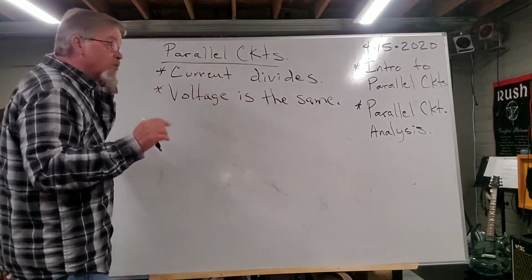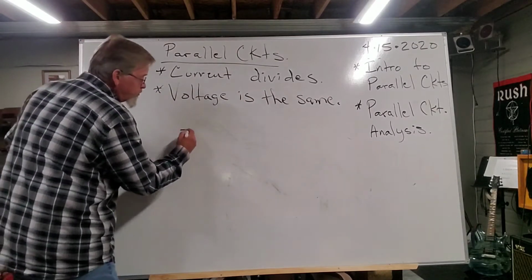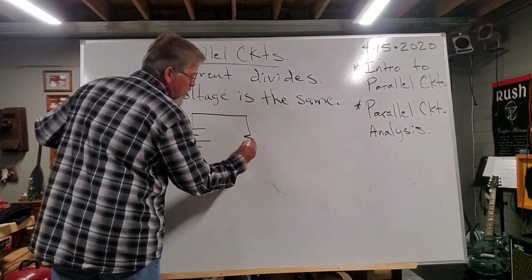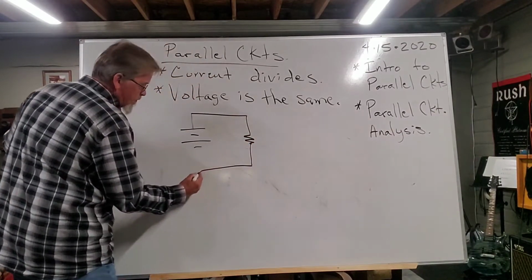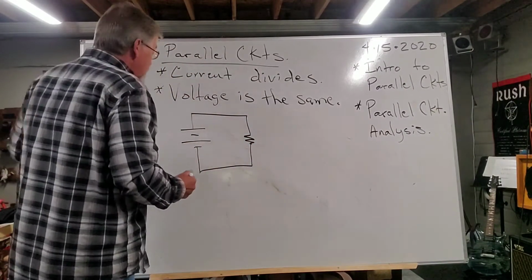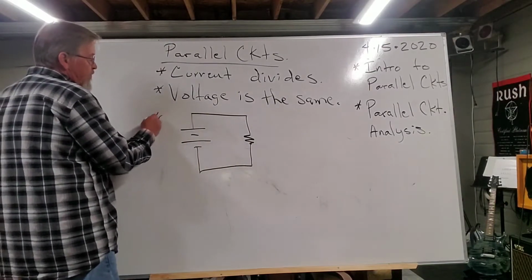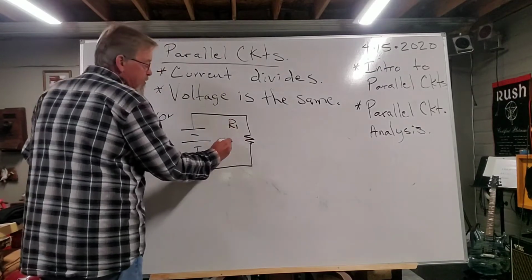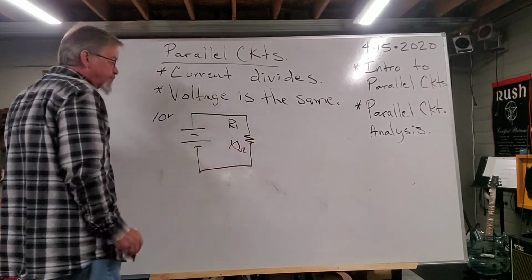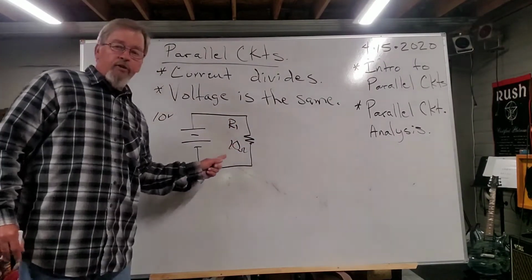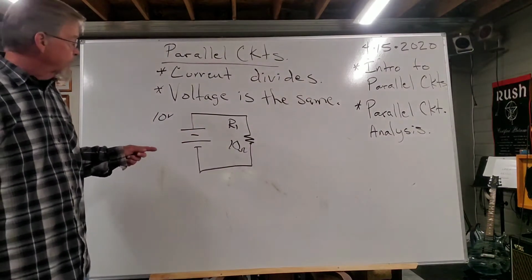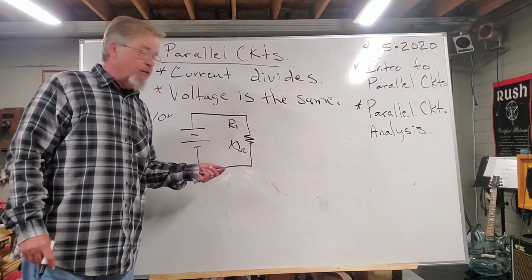And we're going to keep this one simple. So I want you to think about this. Okay, so if I have a 10 volt source and R1 is a 10 ohm resistor, right now with this circuit the way it is, with just the one resistance and the one source, I can determine my current flow.